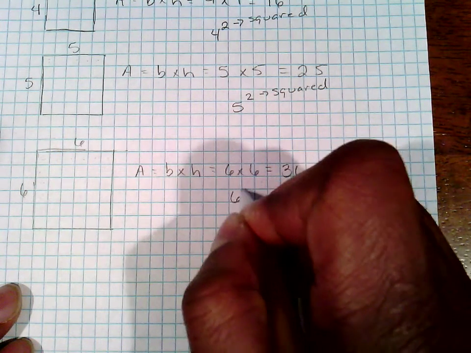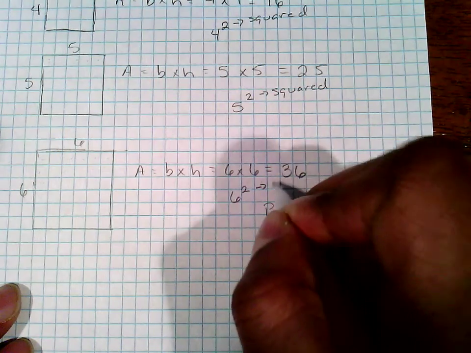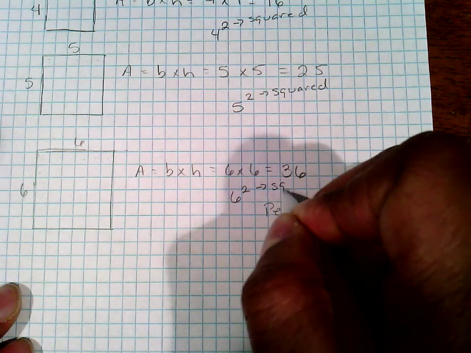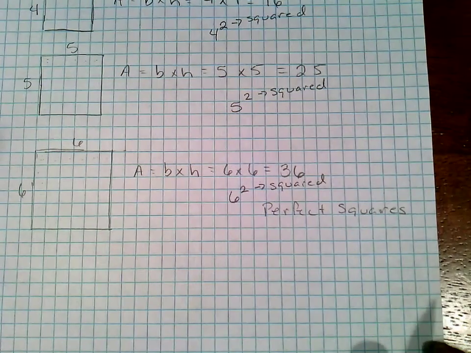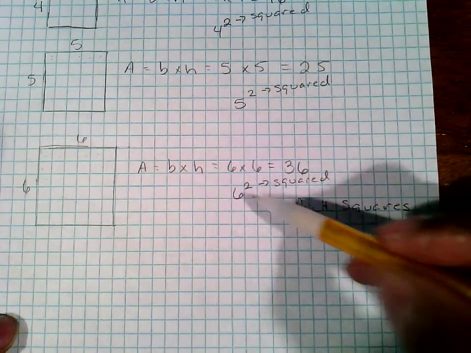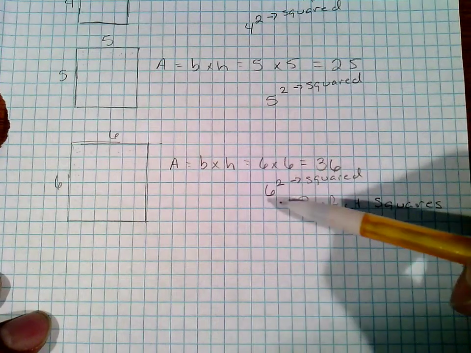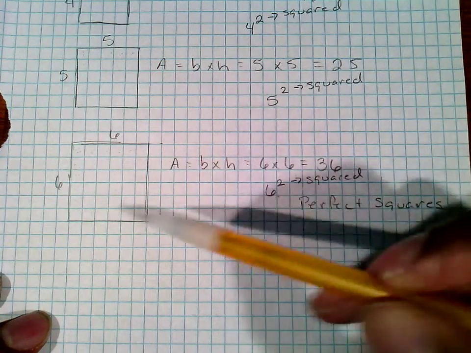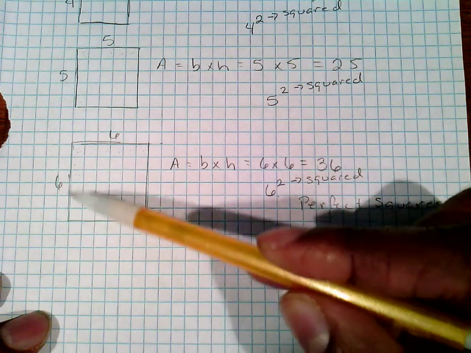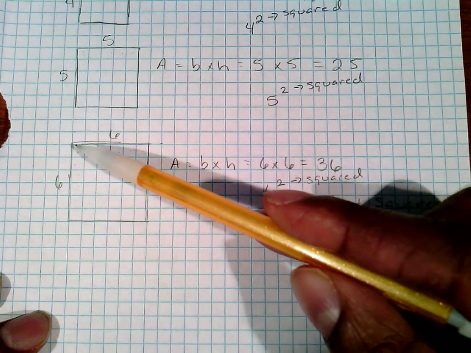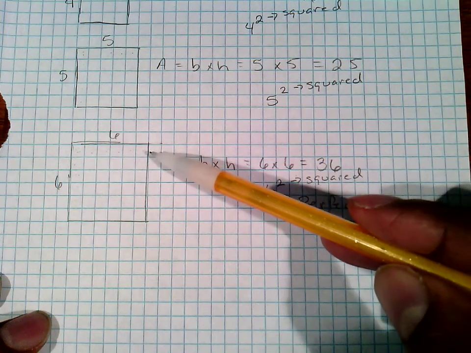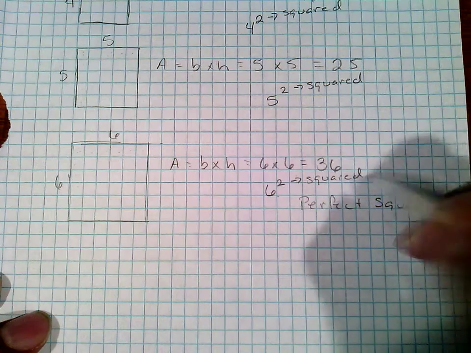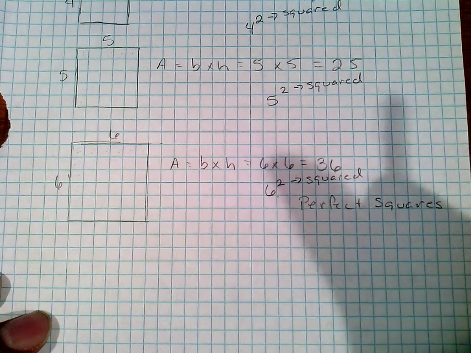It's written as 6 to the second power, or say 6 squared. So what do we mean by squaring a number? It means that we can take that number and create a square that has the base and its height equal. That's how we would square a number.